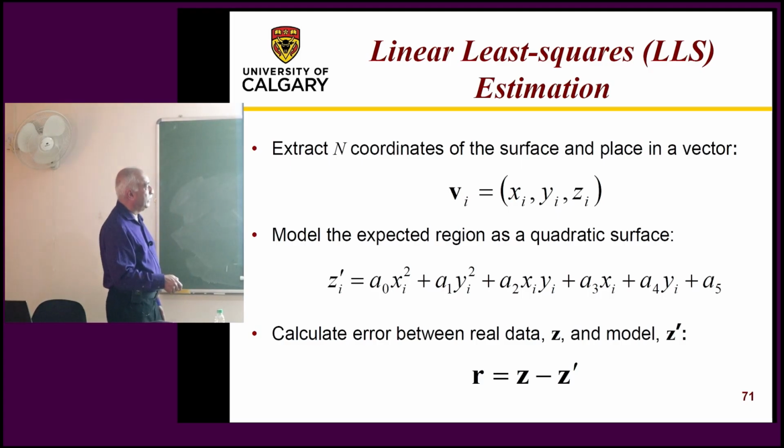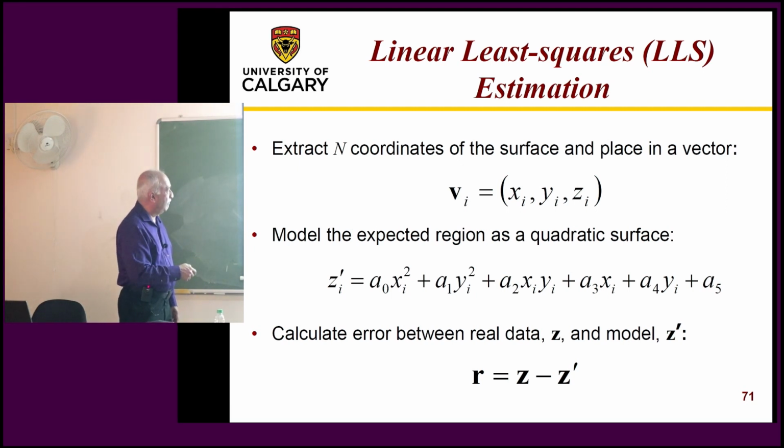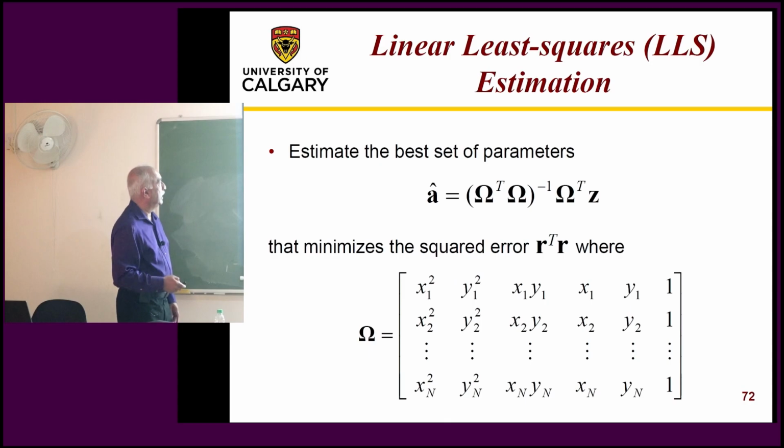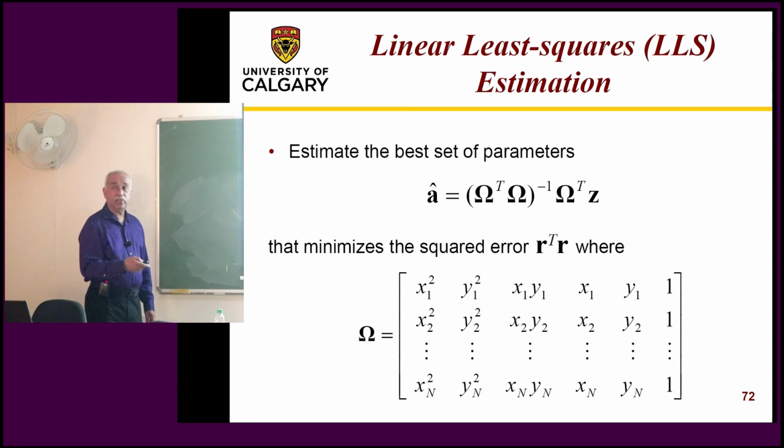And you compare that with the real edge in the segmented image. And you say you want to optimize these values A0, A1, A2, A3, A4, A5 for the quadratic model to minimize this error. And you formulate this matrix using the data given and estimate the best set of parameters using this equation. And omega is this set of input samples, pixel values along the contour or the object boundary you have detected.